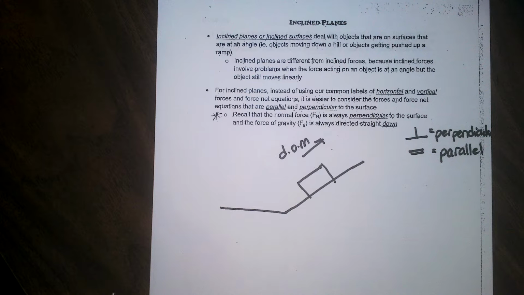So remember yesterday I said I'm going to start being very specific in my language, and that force of gravity always works towards the center of the object, whereas force normal is always 90 degrees to the surface. Okay?